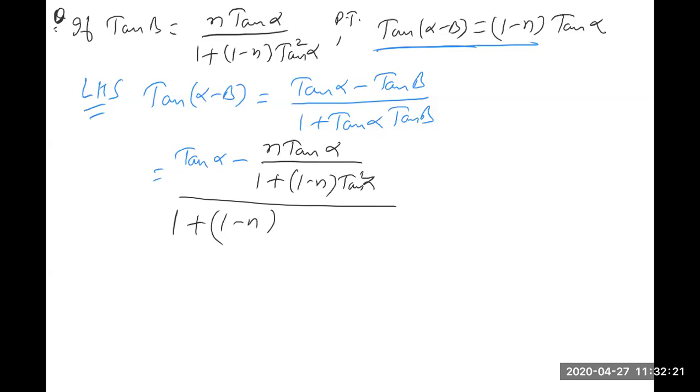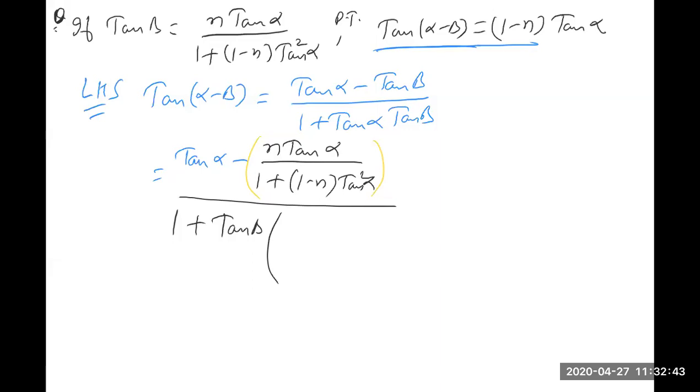So this is what I'm doing here. Just one step I will write, then I will leave it. So tan alpha minus tan beta, this is the tan beta part. Then 1 plus tan alpha, so write tan alpha as it is into tan beta.